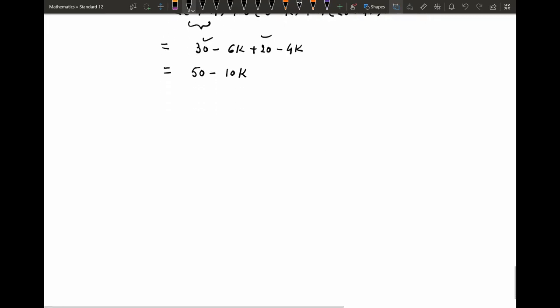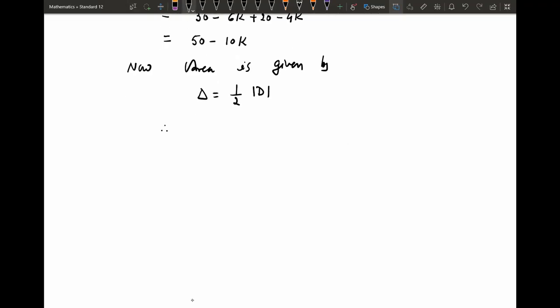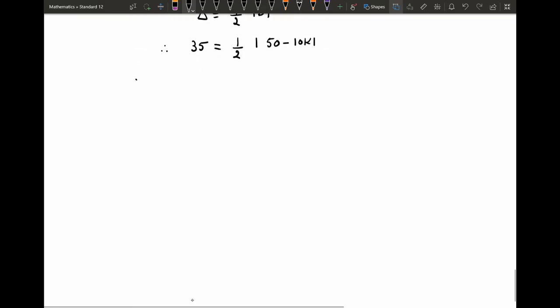Now the area is given by delta equal to 1/2 mod D, and we have been given area equal to 35 square unit. So 1/2 of 50 minus 10k. First we take cross multiplication, so mod 50 minus 10k equal to 70. From this we will get two equations as usual.